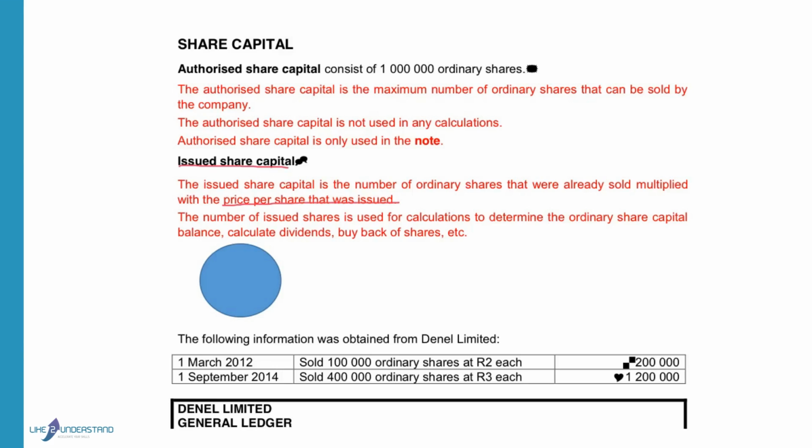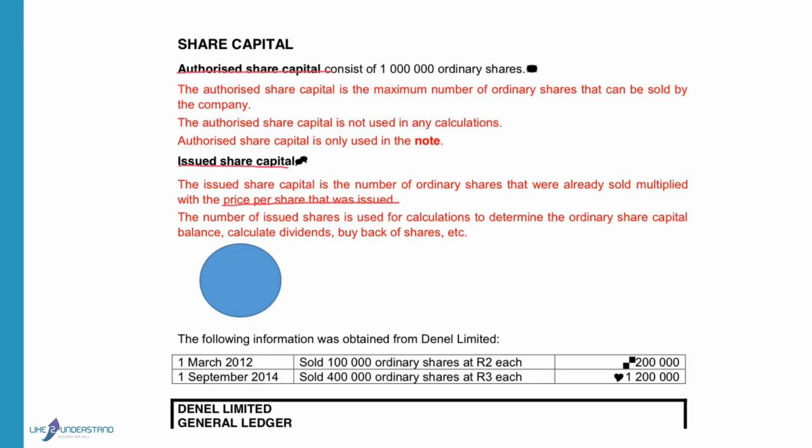The issued share capital is used to do calculations to determine your ordinary share capital, how to calculate dividends, and, if you have to repurchase shares, how you will calculate the amount there. The authorized share capital consists of 1 million shares.